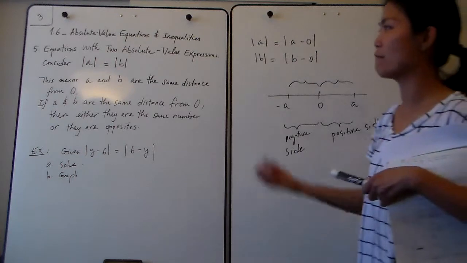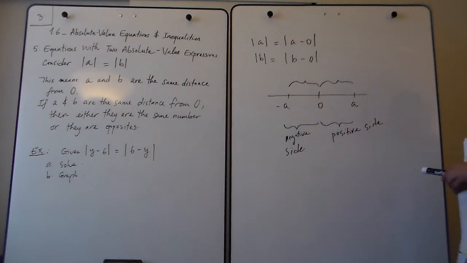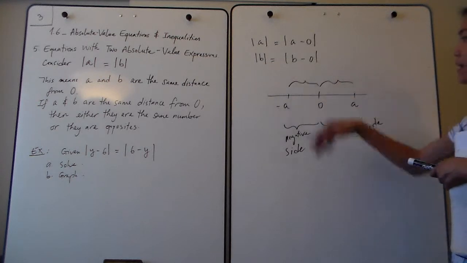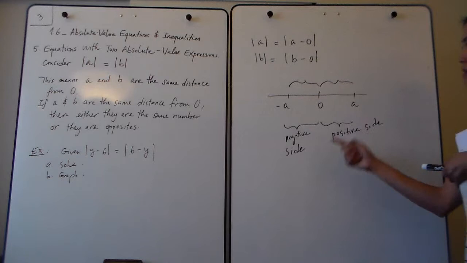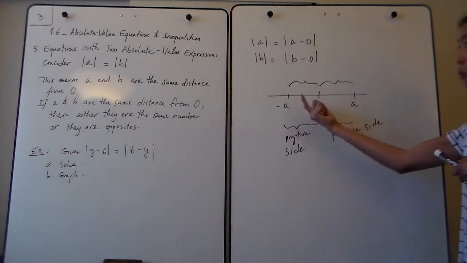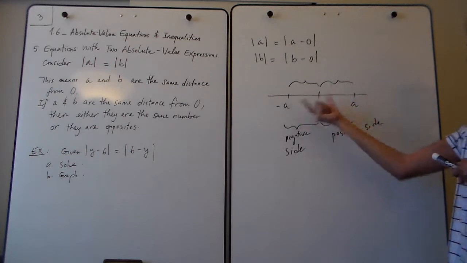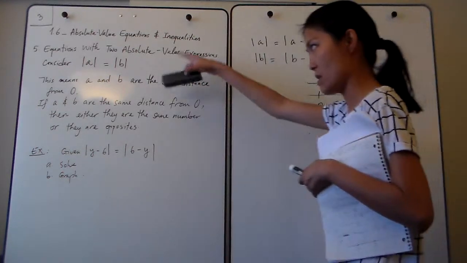So if they are the same, they are either both positive or both negative, or they are opposites, meaning one on this side and the other on the other side. But importantly, they still maintain the same distance. So that's what it means.